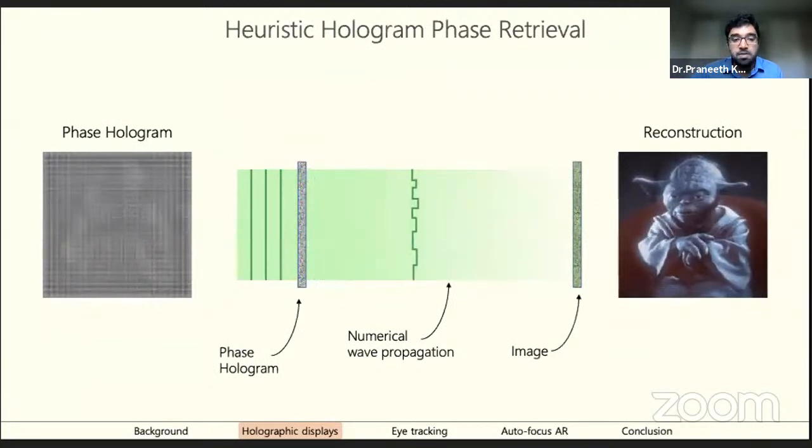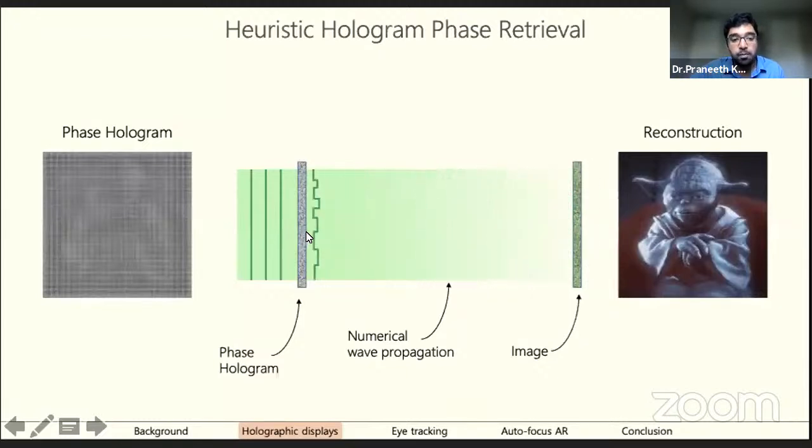For example, there are a couple of heuristic methods that were proposed in the past. A popular method is called Gerchberg-Saxton, where you propagate the light waves back and forth between a phase modulating plane and a plane where the interference pattern is forming an image. We call this an image plane.